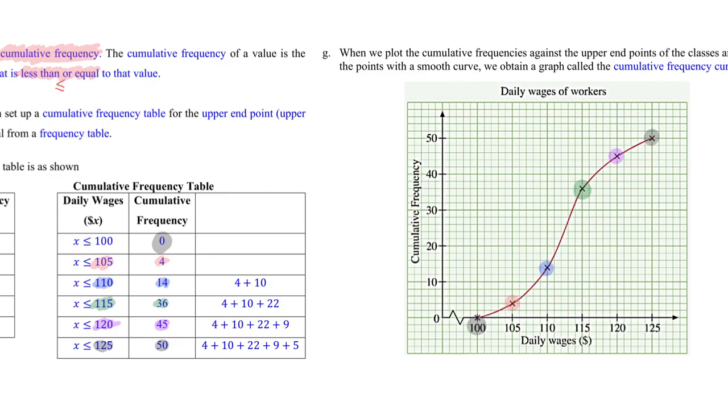So if I were to make it even more clear to everyone, you can then see for the daily wage of 105, for each point, this will be my 4, this will be my 14. That's how we plot these points together.